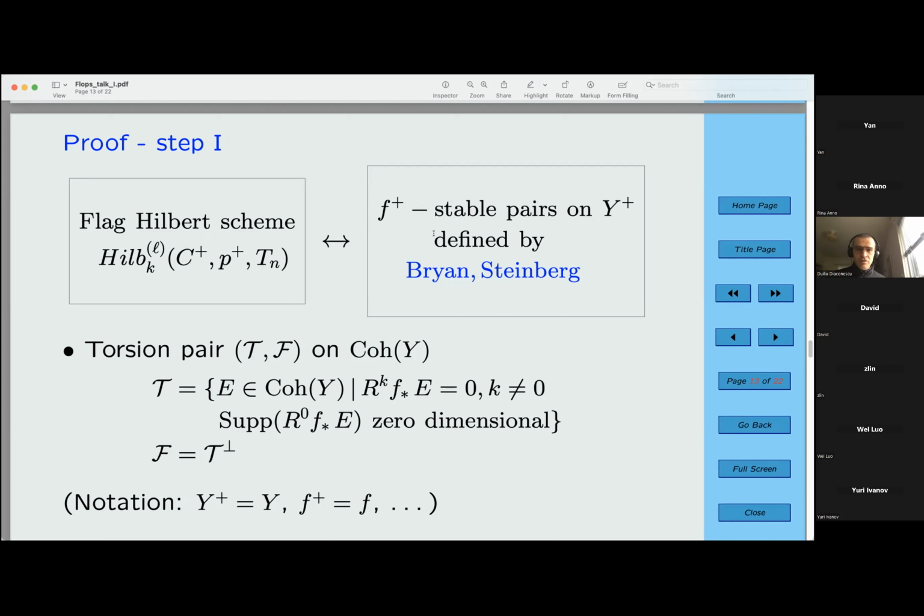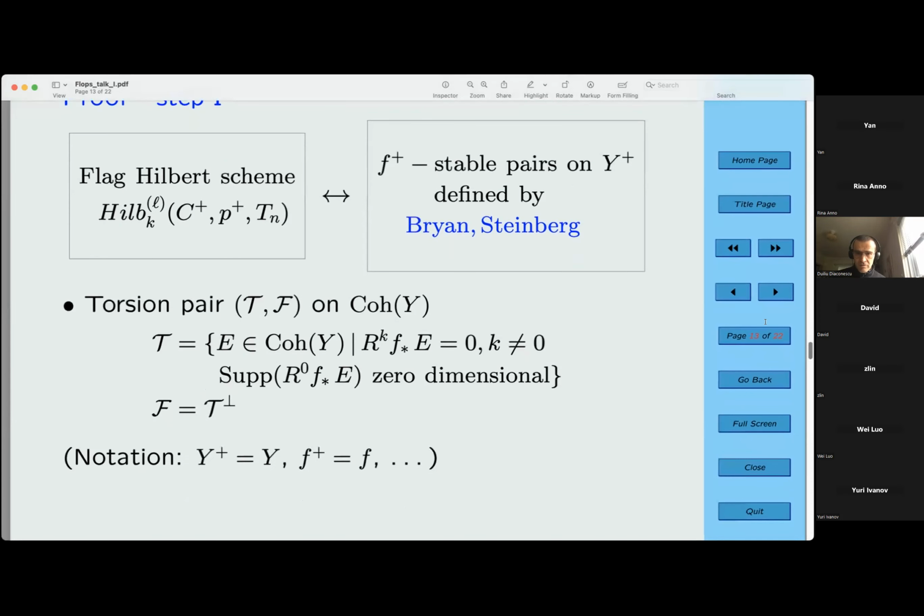We're going to use this important notion of F-stable pair developed by Bryan and Steinberg, a construction they carried out with the goal of proving the crepant resolution conjecture for Donaldson-Thomas or Pandharipande-Thomas invariants. That was the motivation for them to come up with this notion. Here we're going to use it for our own purposes.